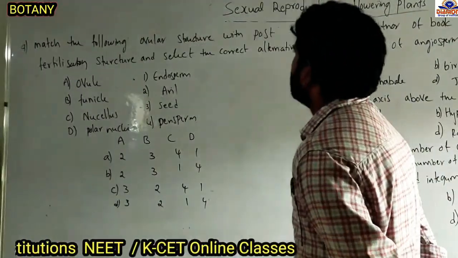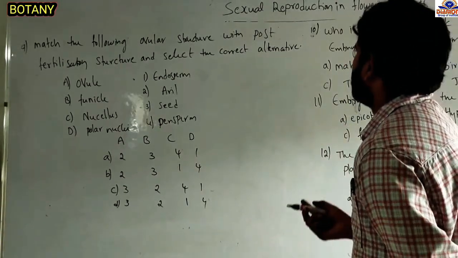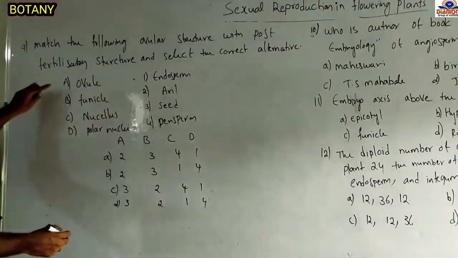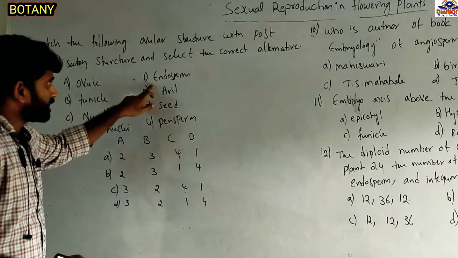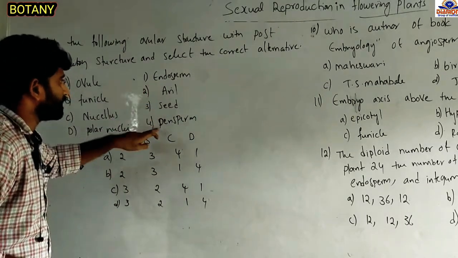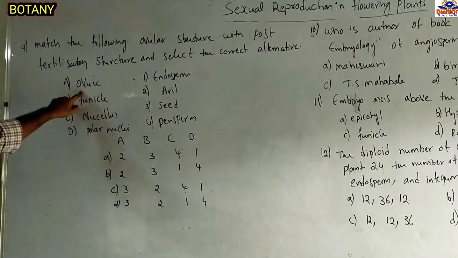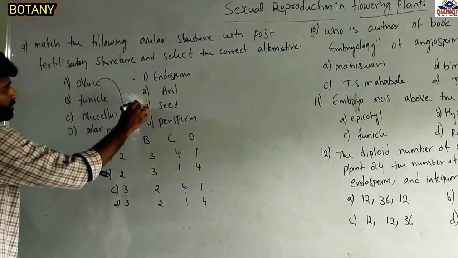Question. Match the following ovular structures with post-fertilization structures and select the correct alternative. They gave the options ovule, funicle, nucellus, and polar nuclei, to match with endosperm, aril, seed, and perisperm. See now, the ovule is also called a megasporangium. After fertilization, this megasporangium or ovule becomes a seed.